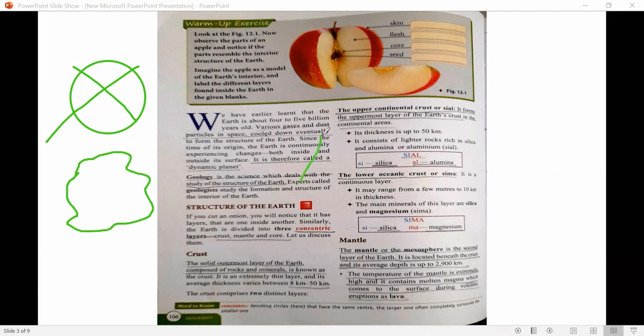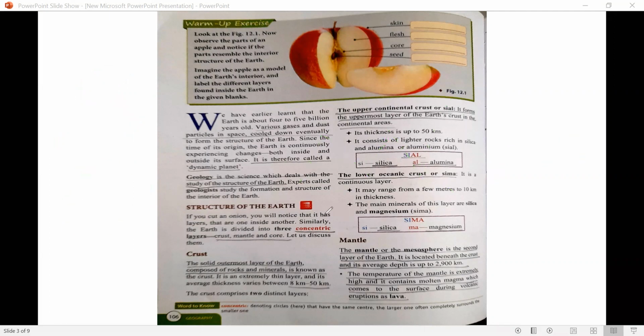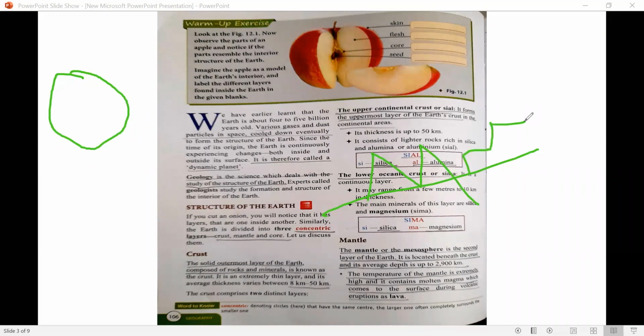Because there are mountains and hills, there are plateaus which look like this, and there are plains which look like this. So why is Earth not round? It is not round because of these mountains, these plateaus, and also because of the plains.